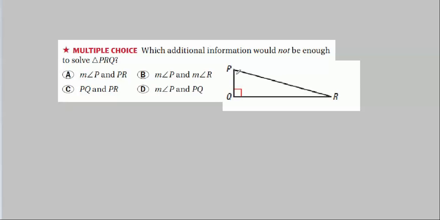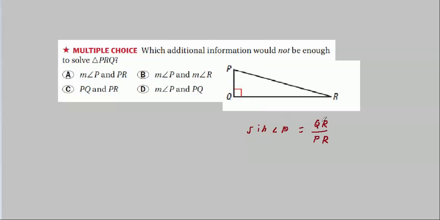How would you do that? Well, you could use the sine or the cosine, because you know the hypotenuse. For instance, with angle P, the sine is the opposite over the hypotenuse.